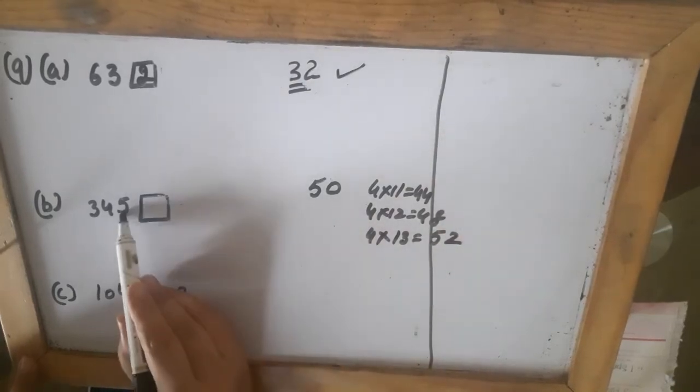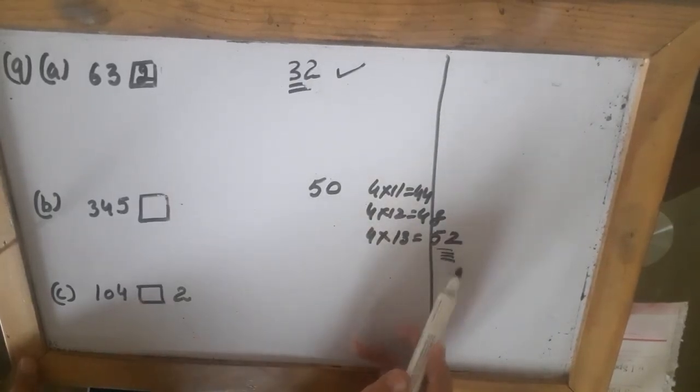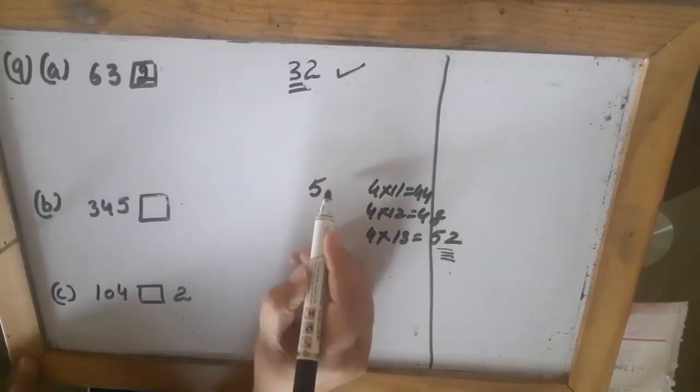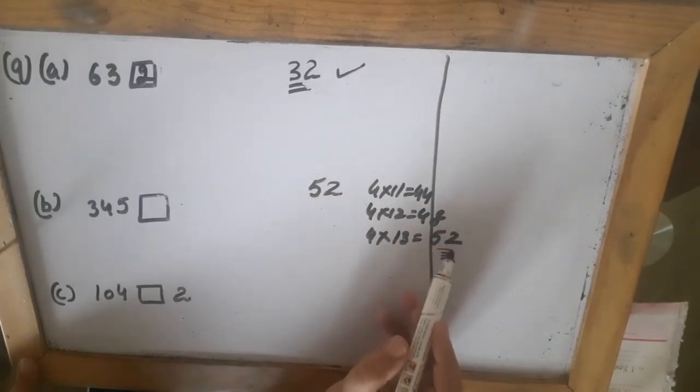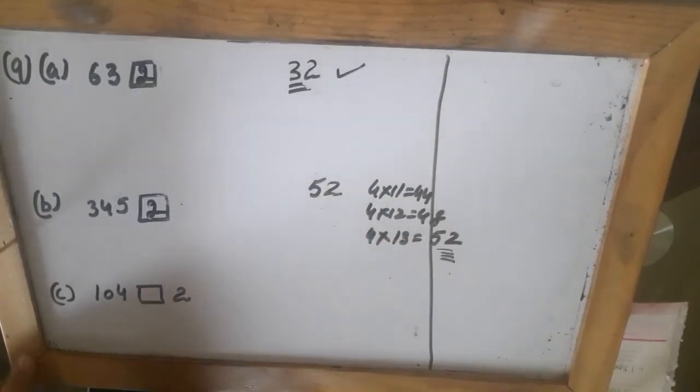Right. So with 5, what should I add? I should add 2. If I add 2, that number will be divisible by 4. So this way also you can do.